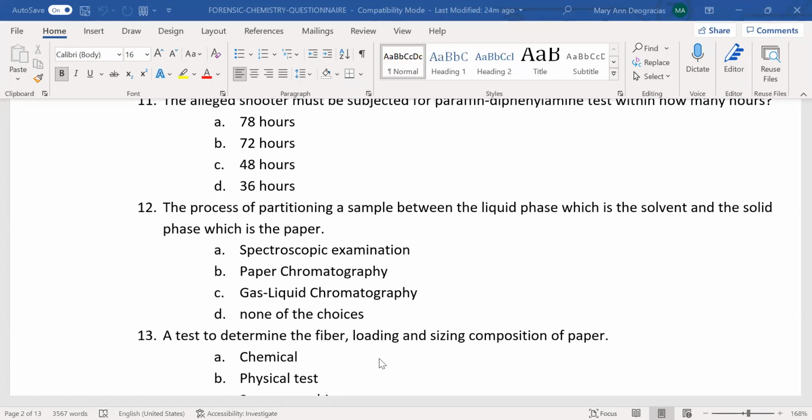Hindi po. It's letter B. Paper chromatography. Okay, letter B. Okay, it's bravo. Paper chromatography. So, kung active yung pinanggalingan yung school, pinapagawa yan sa laboratory during the face-to-face mode of instruction. PCCR is doing that.